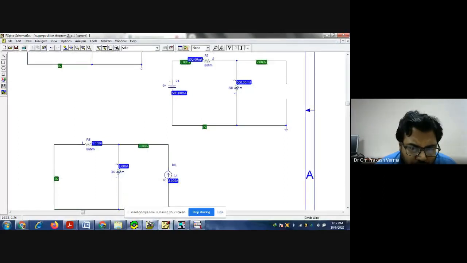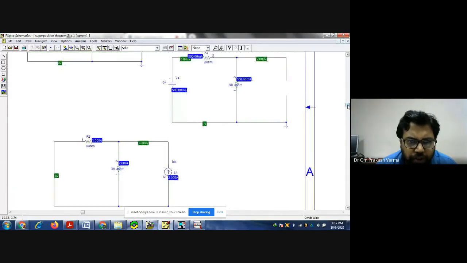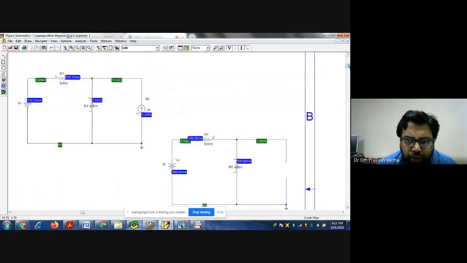So you calculated the 2 ampere current, and the voltage is 8 volt. So the total is 10. You can calculate it manually, and 10 volt is there, right? Yes, sir. Okay, 10 volt is there.